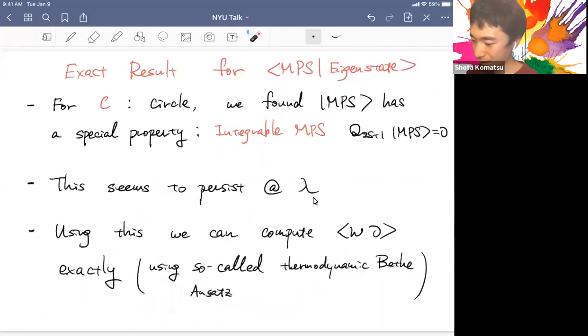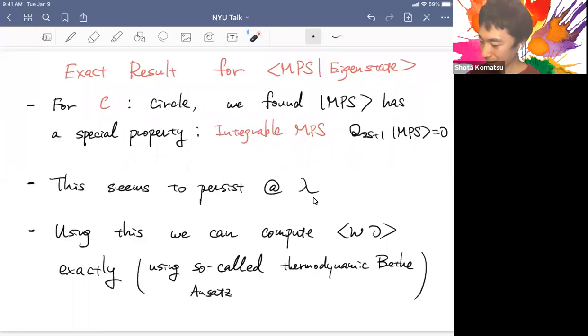What we found for the N=4 super Yang-Mills Wilson loop is that when the contour C is circular, this matrix product state has a very special property, which is called an integrable matrix product state. I'm not going to give you a detailed definition, but the point is that this is a particular matrix product state which is annihilated by infinitely many odd conserved charges.